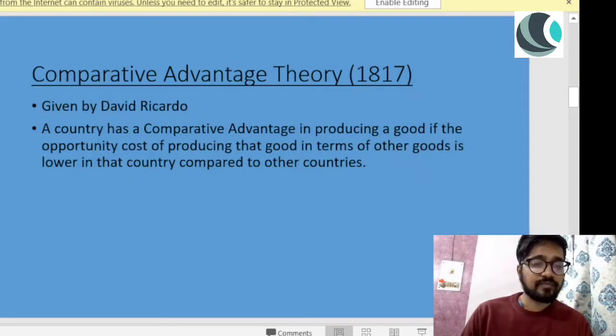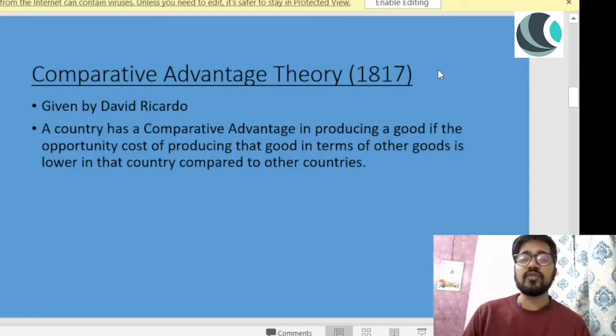So this is very important. Comparative advantage theory given by, you can easily get a question of match the following. On the left hand side, you can get absolute advantage, comparative advantage. On the right hand side, the years and the founders will be mentioned. So you have to match the following. That is how the questions have been forming up in the past few years.